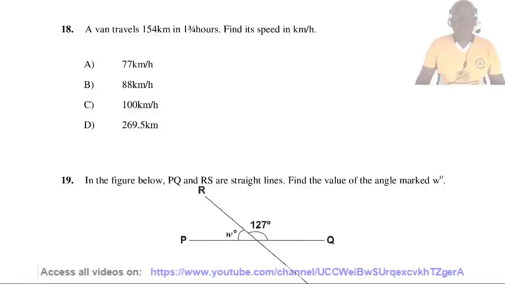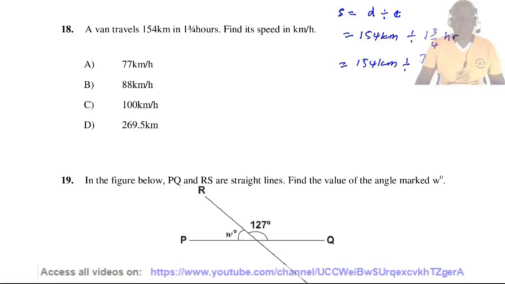Question 18. A van travels 154 kilometers in 1¾ hours. Find its speed in kilometers per hour. We know that the speed equals the distance divided by time. So the distance equals 154 kilometers, divided by time. Time equals 1¾ hours. Now, 154 kilometers divided by, we shall convert this to an improper fraction.